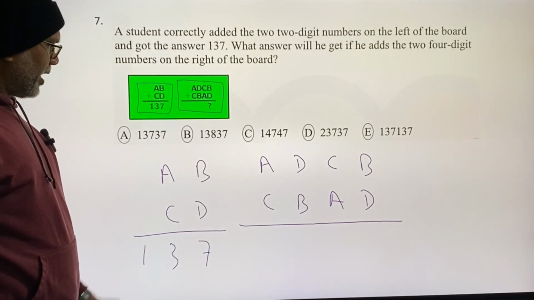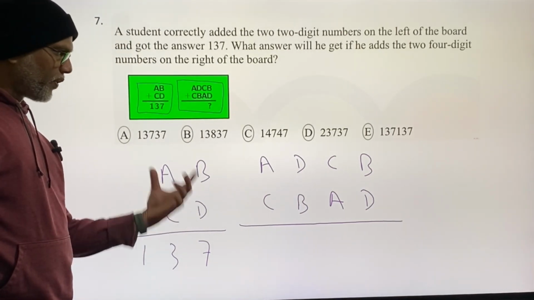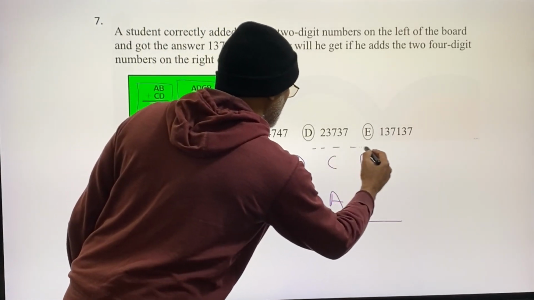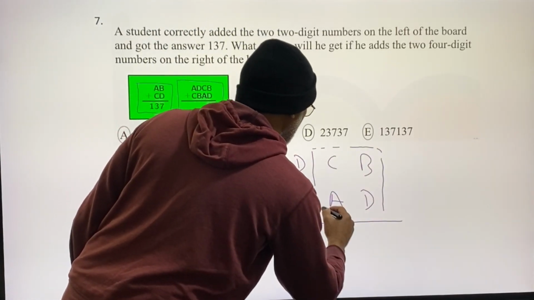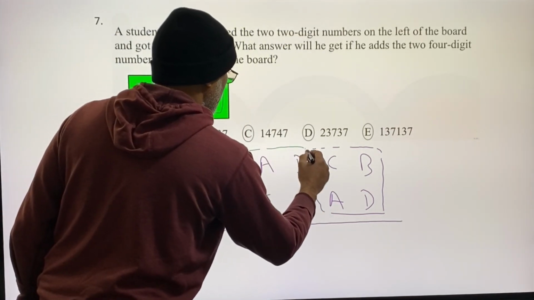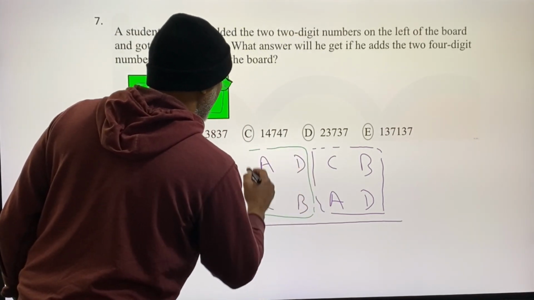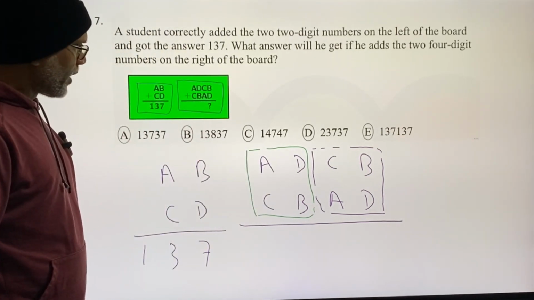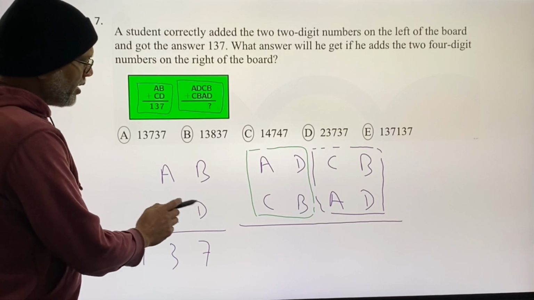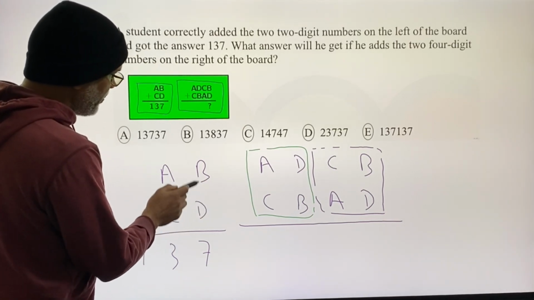Alright, now this is what is given to us. So if you look carefully, let's split this into two parts. So this is one part, and then this is another part.